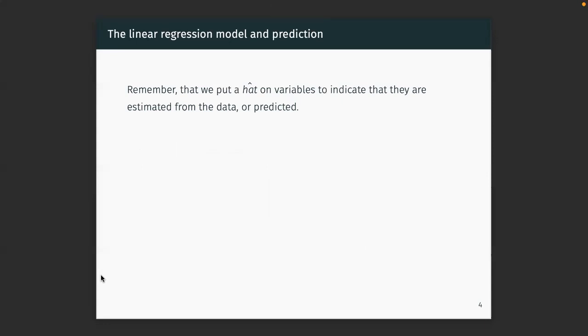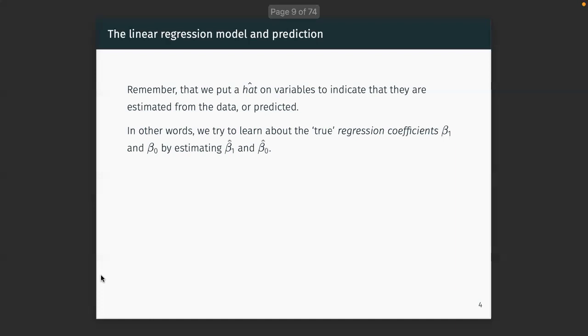So some notation. We put a hat on variables to indicate that they're estimated or predicted, right? These are not the observed values. These are the estimated or predicted values. So actually in regression, what we're after is beta 0 and beta 1, but what we're really computing is beta hat 0 and beta hat 1, right?